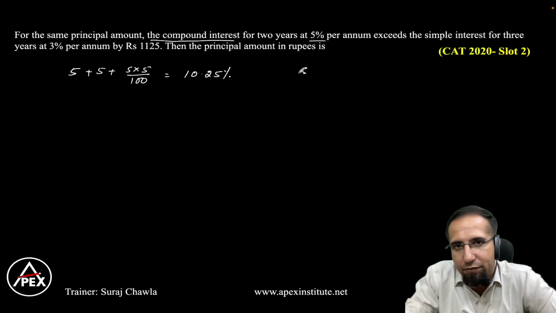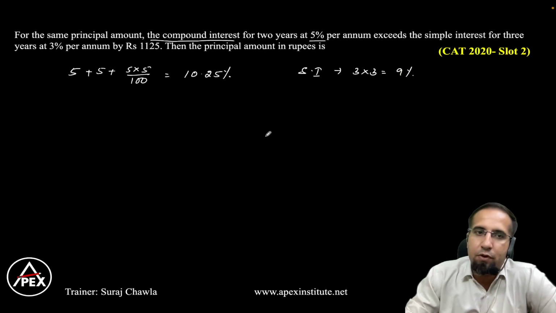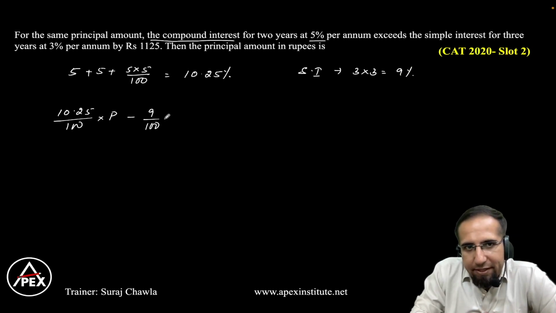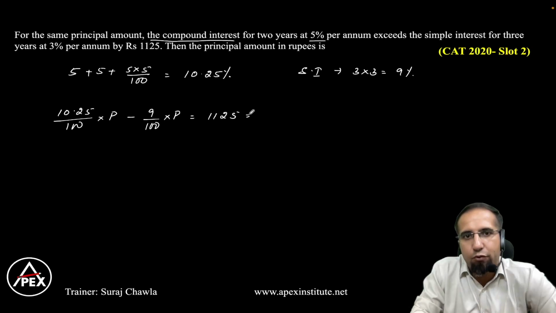So simple interest for 3 years, that is the effective rate of interest, becomes 3 into 3, that is 9 percent. So what am I actually looking at? 10.25 percent of the principal minus 9 percent of the principal is equal to 1125 rupees.